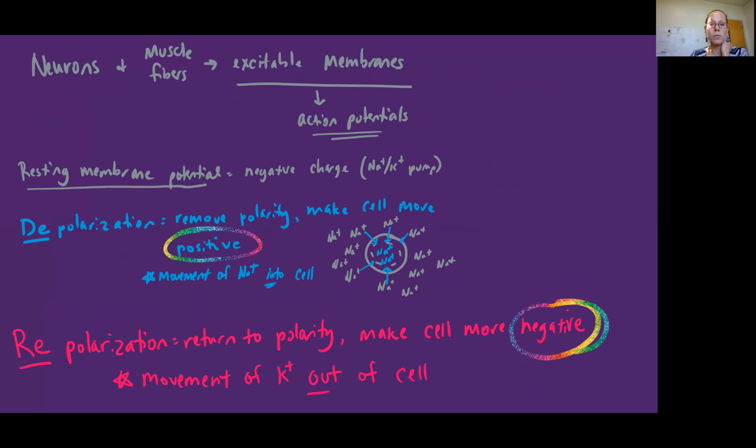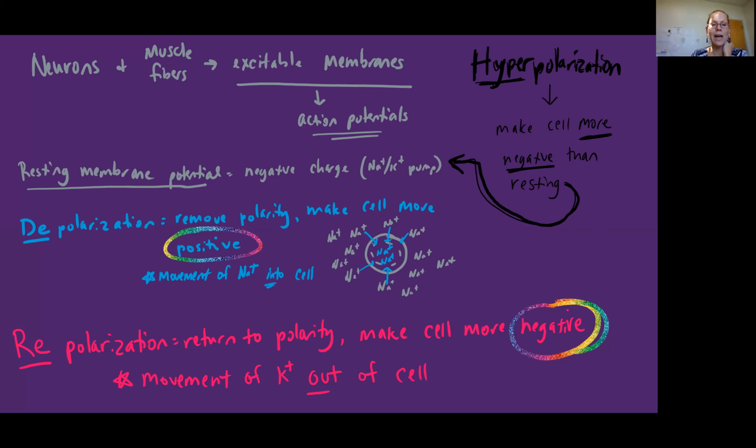Okay, then we have another term called repolarization. Repolarization means return to that polarity. So this is going to happen by kicking potassium out. If you kick potassium out of the cell, it goes back to more of a negative charge. So it's reestablishing that negative charge to the cell. Repolarization is talking about making the cell more negative. And then we have a term that's called hyperpolarization.